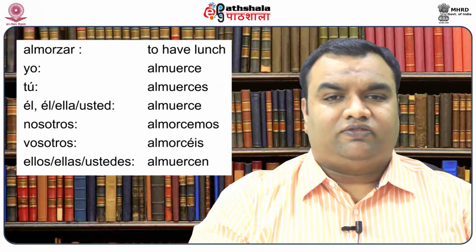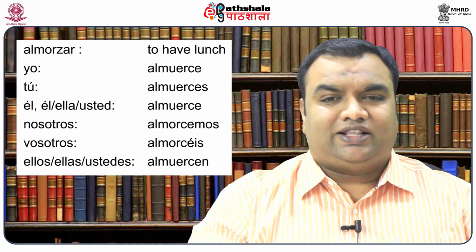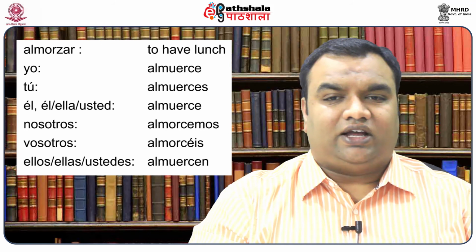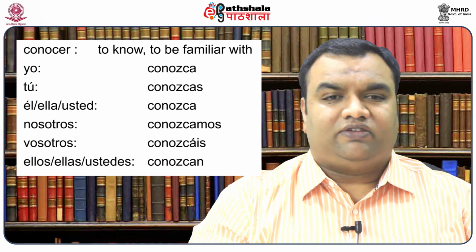Let us see some examples of irregular verbs to understand the conjugation patterns better. Almorzar, to have lunch, is conjugated as almuerce, almuerces, almuerce, almorcemos, almorcéis, almuercen. Next is conocer, to know or to be familiar with.